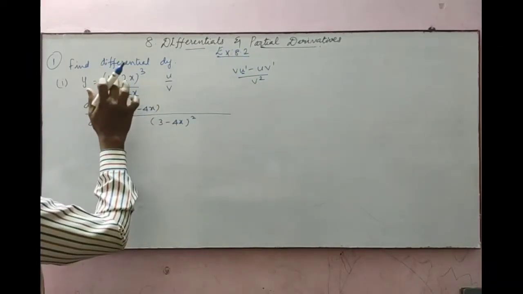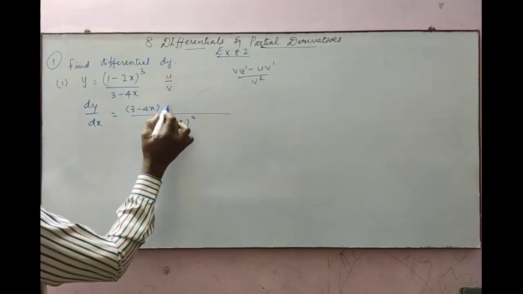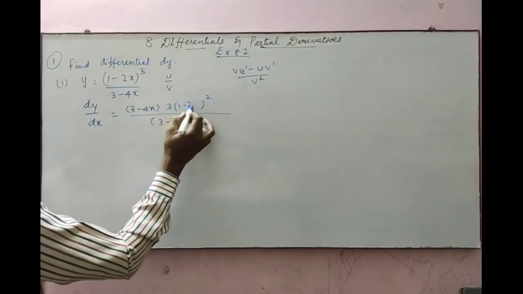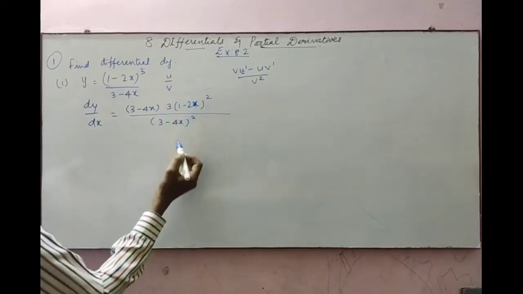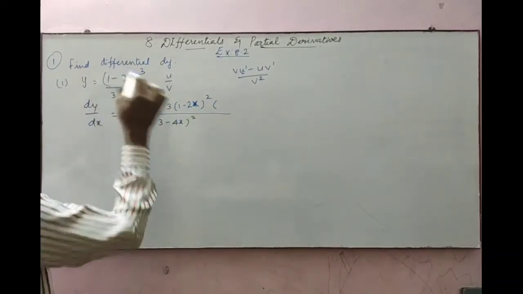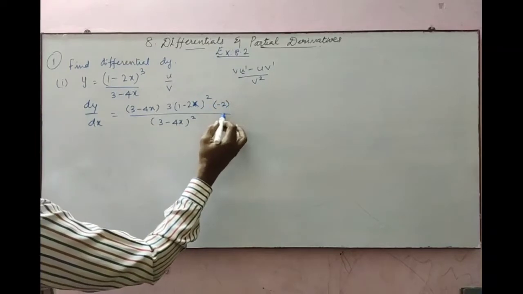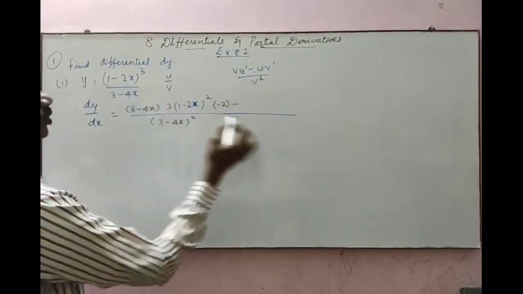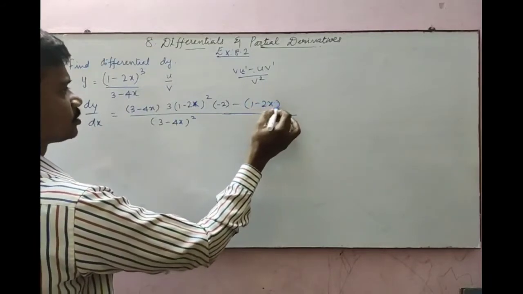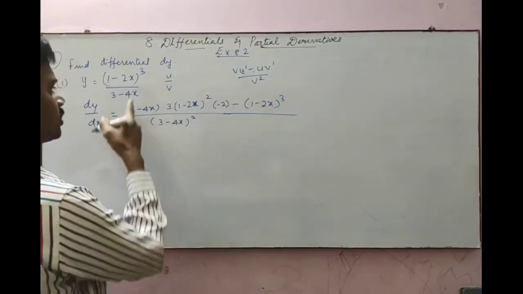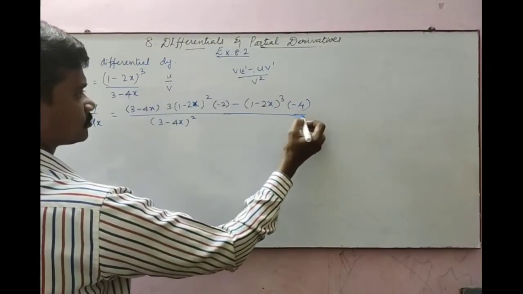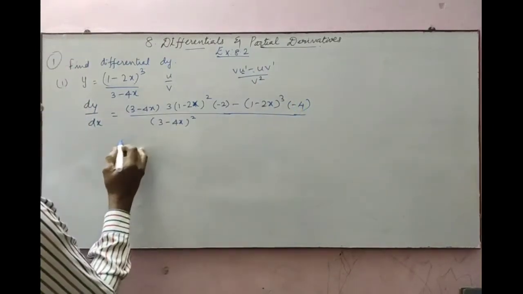This is in the form of x cube. X cube means you can write this as 3x square. Here x is 1 minus 2x, into differentiation of 1 minus 2x gives minus 2, minus u into v dash. U is (1 minus 2x) whole cube into v dash. I am going to differentiate the denominator. I will get minus 4.